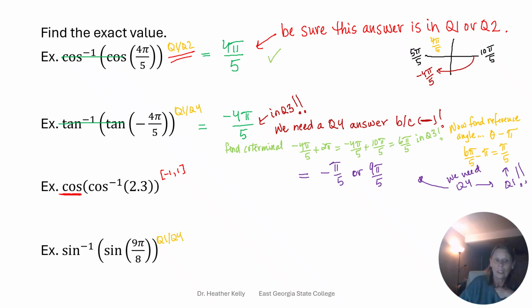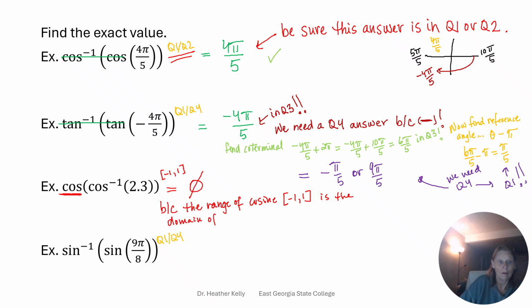So this is actually no solution, because the range of cosine, which is -1 to 1, is the domain of arc cosine, and 2.3 is not in the interval of -1 to 1. Therefore, no solution.